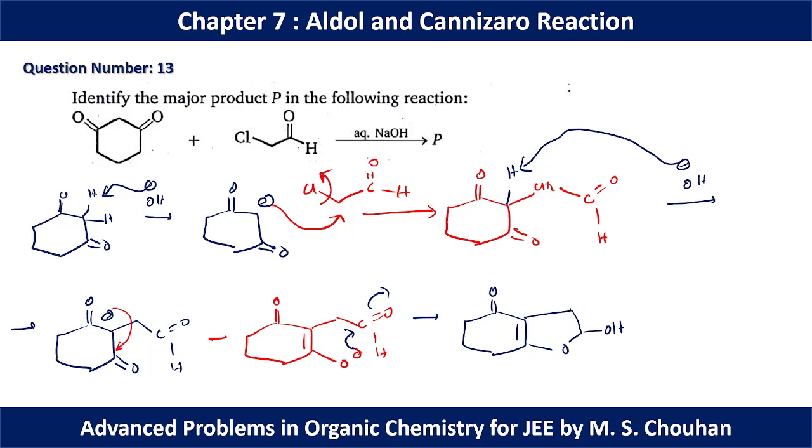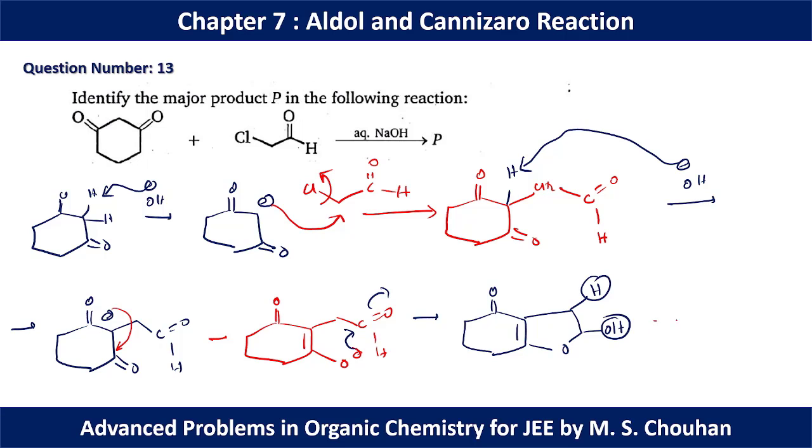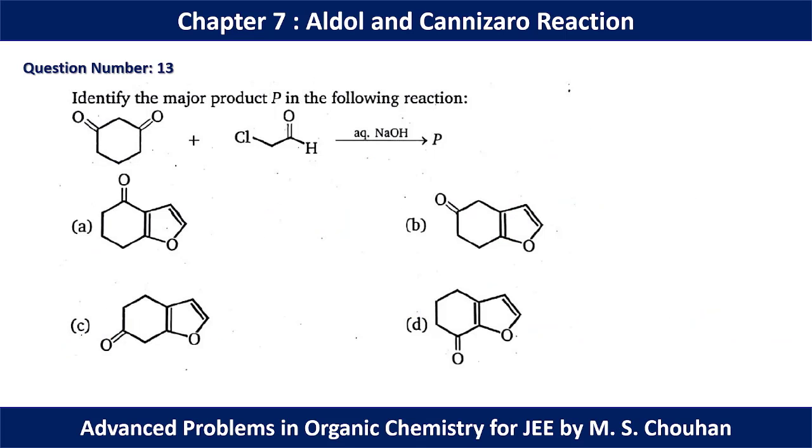Okay, now if we remove H and OH, we can have an aromatic ring. So this elimination of water is very much spontaneous, so the final product will look like this. Okay, so if we see question number 13, then we can say that option A should be the correct option.